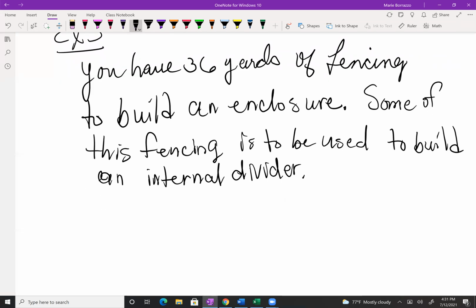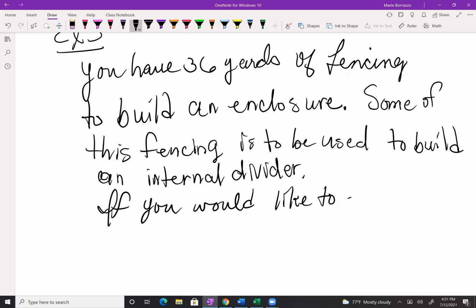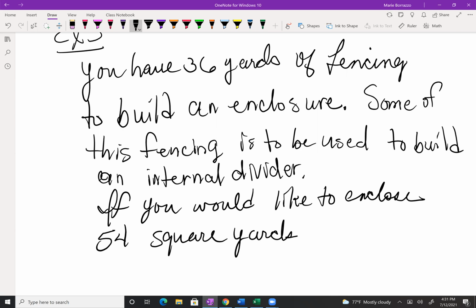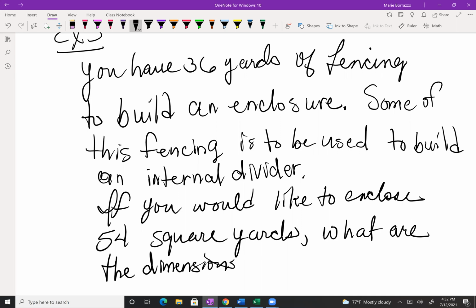Okay, then it says if you'd like to enclose 54 square yards, what are the dimensions of the enclosure?